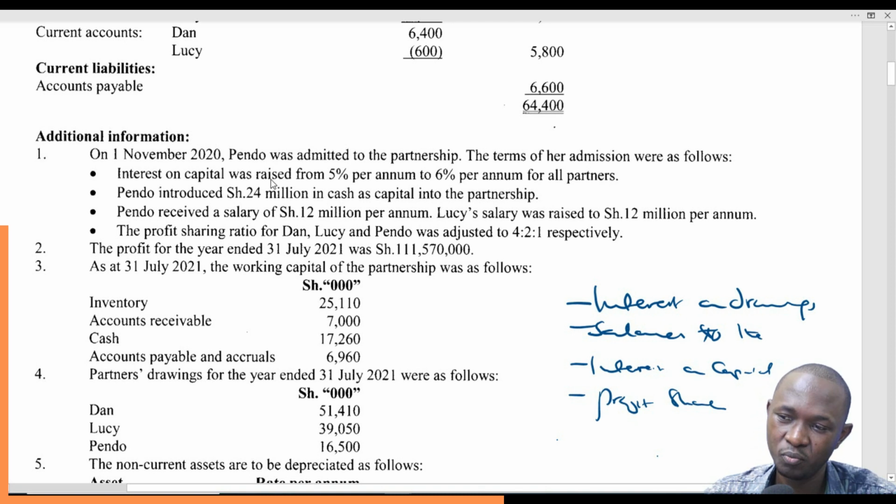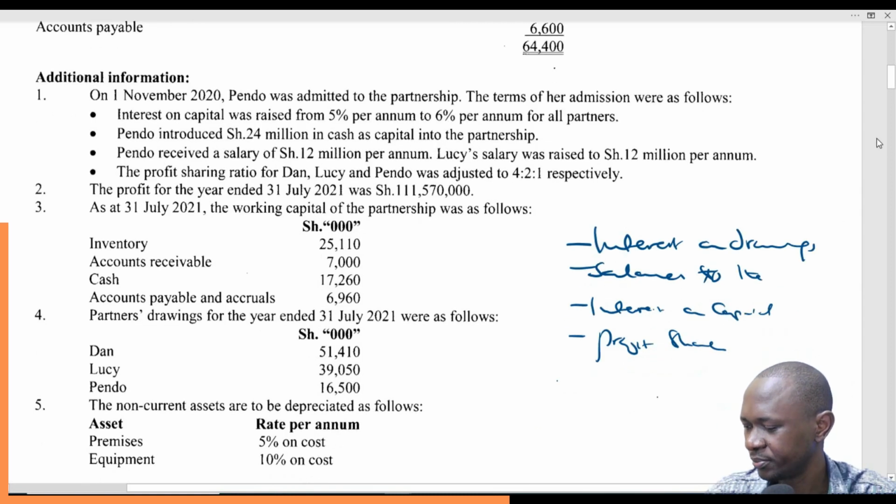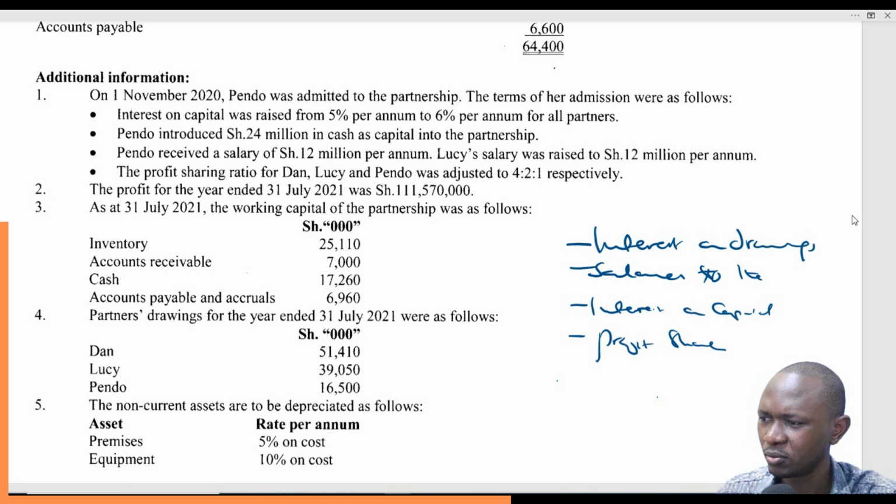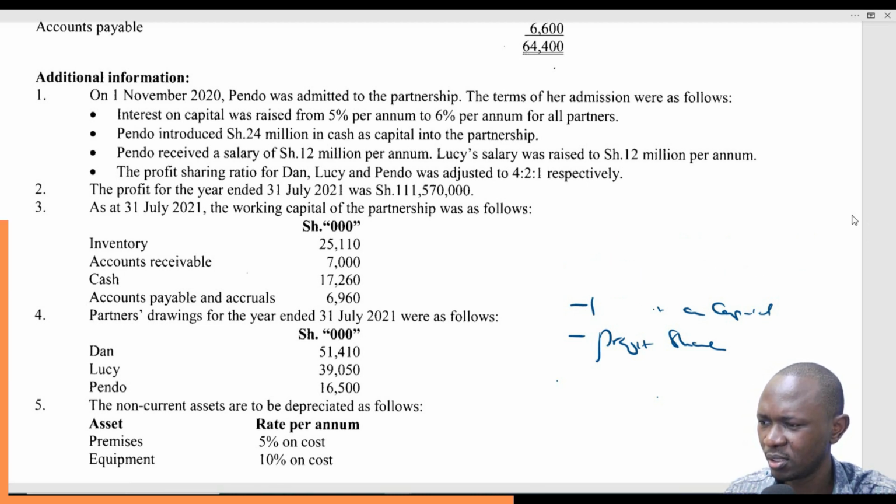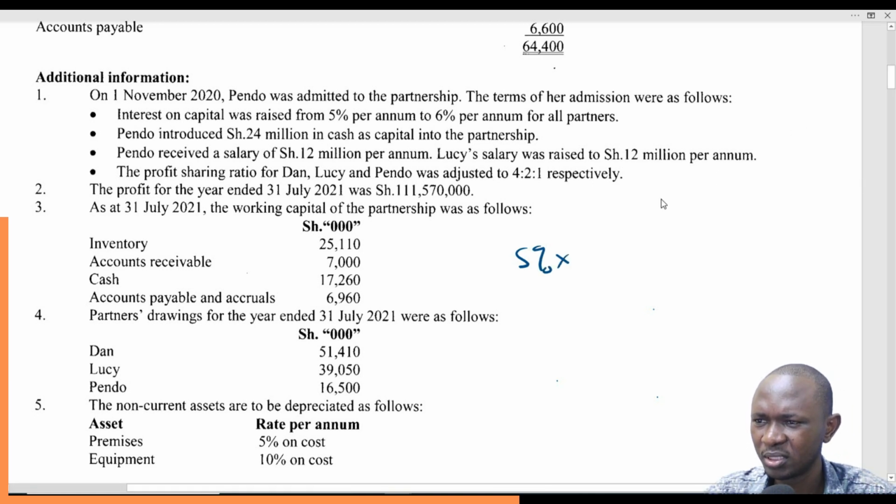It means the two partners were enjoying interest on capital at 5% per annum for the first 3 months. So what you are going to do is simply work out interest on capital, and interest on capital we've been told is 5%. So this is 5%. 5% of what?